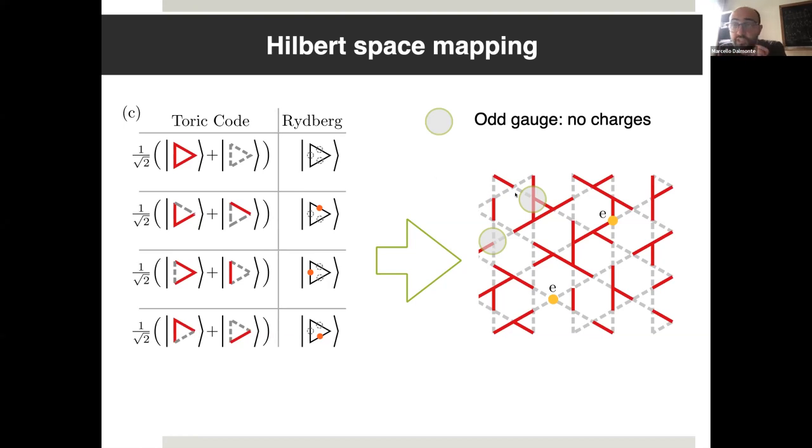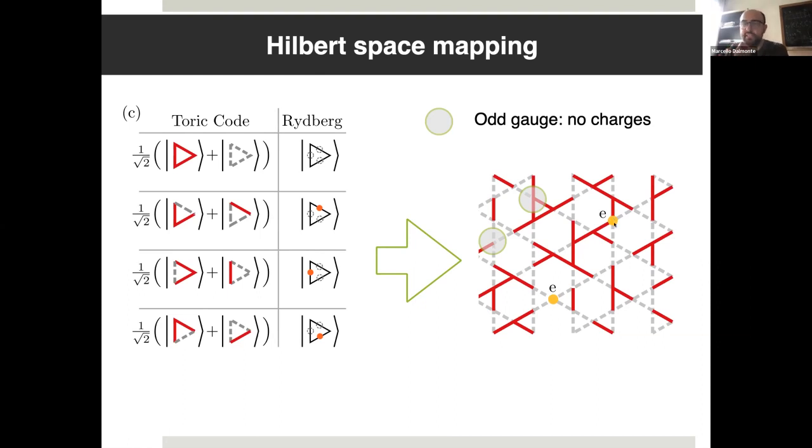So if there are vertices where there is an odd number of dimers entering, like in this one and this one, these are states where we say there is no charge. Because in principle, you can define the so-called background charge in these gauge theories, and then you just adopt this convention. But something interesting happens instead if you have an even number of dimers entering in or out, like in this vertex here, or in this vertex here, in this case 0, in the other case 2.